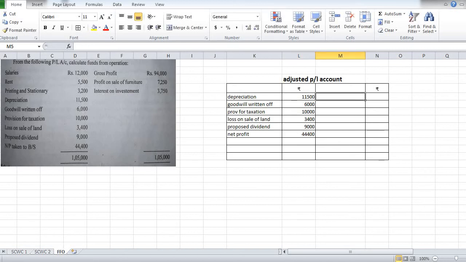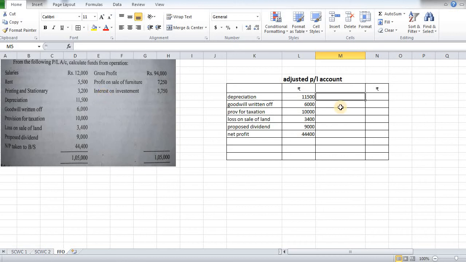On the credit side we have to write the various non-fund or non-operating income. In the question we can see that there are only 2 items, profit on sale of furniture and interest on investment. If the opening balance of net profit is given in the question, it is also marked on the credit side. In this question the opening balance is not given, so we are not considering it.